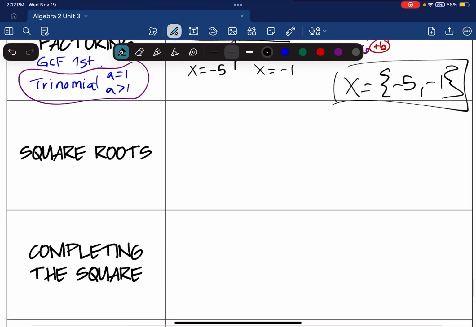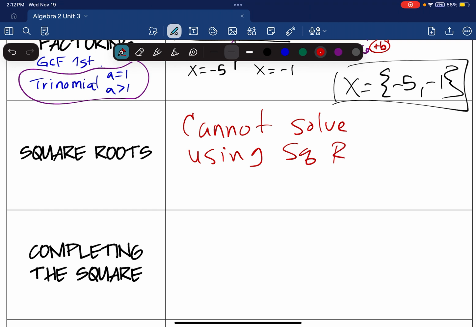We're now going to look at trying to solve it in the square root method. And I'm going to tell you we cannot. We cannot solve using square roots. We can't solve using square roots because there is an x term.